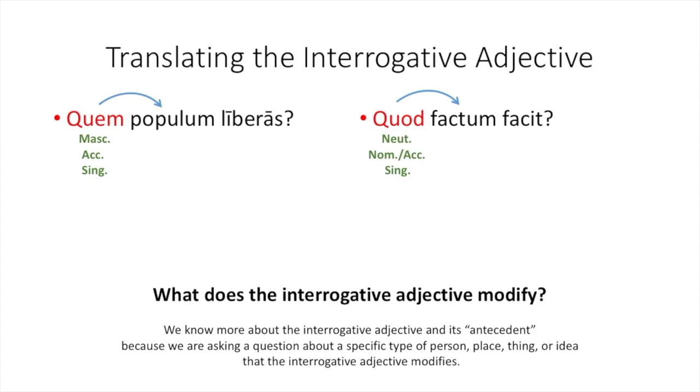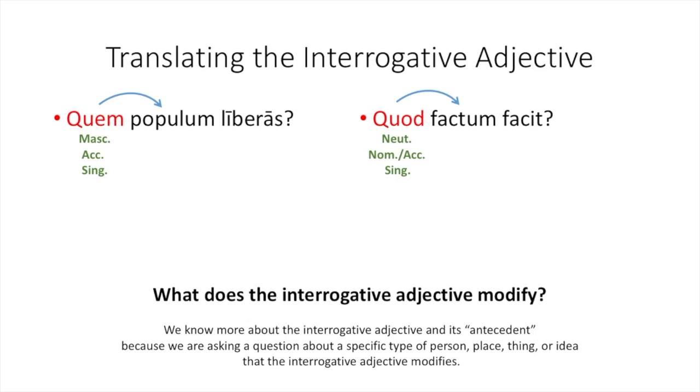You also will know from this that we know a bit more about the answer to these questions, or you may even think of it as the antecedent of the interrogative adjective. Because the adjective quem modifies populum, we know that it's asking about a specific person, place, thing, or idea. Here, a populum.